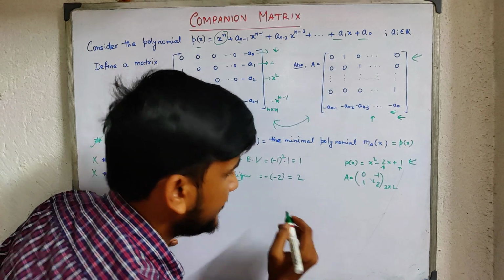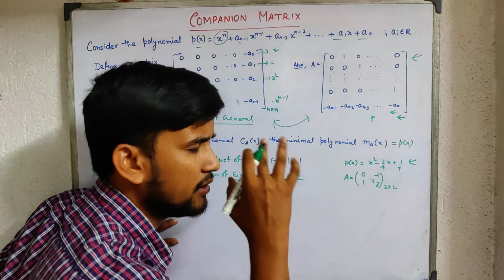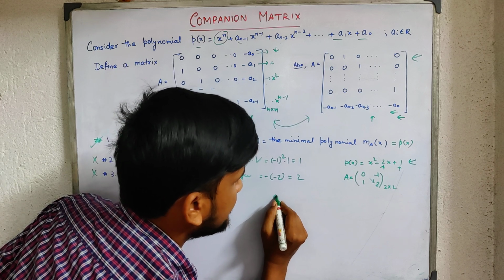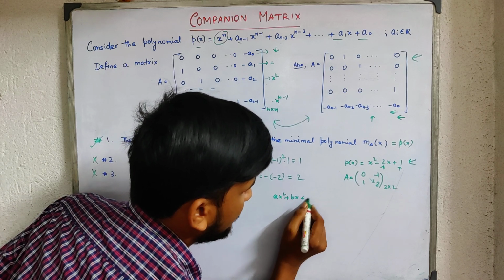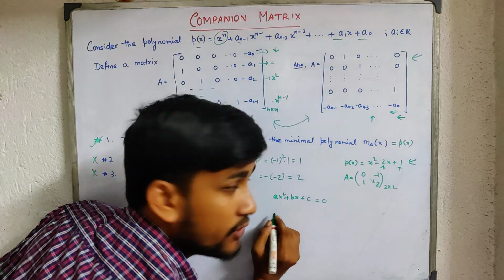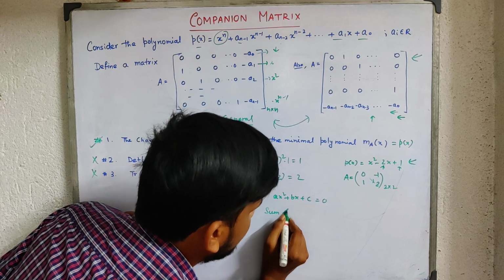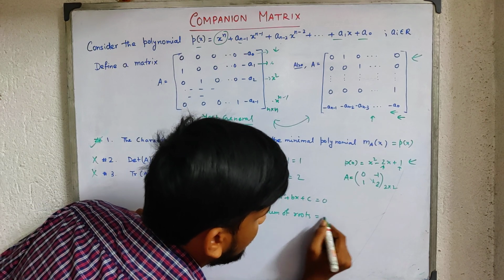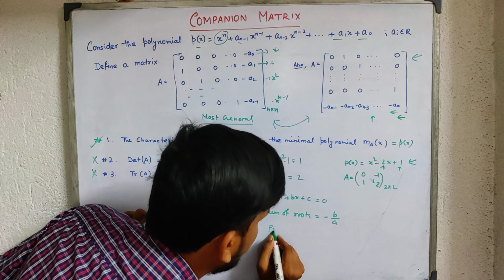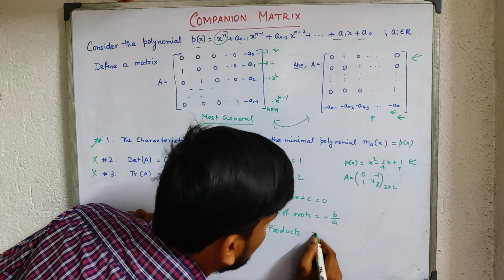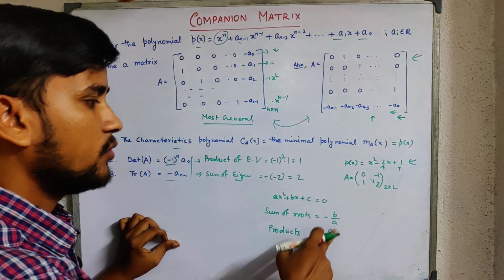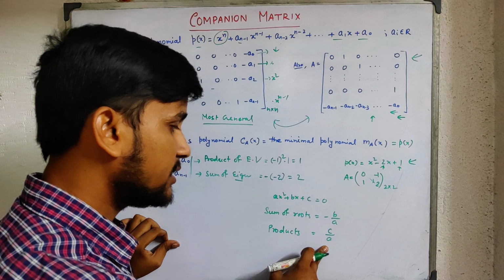Now we read in the lower classes, in BSc, that if ax square plus bx plus c is a polynomial or an equation, then the sum of the roots equals minus of the coefficient of x by the coefficient of x square, and the product of the roots is the coefficient of x to the power 0 by the coefficient of x square. The sum has a negative sign, and the product does not.